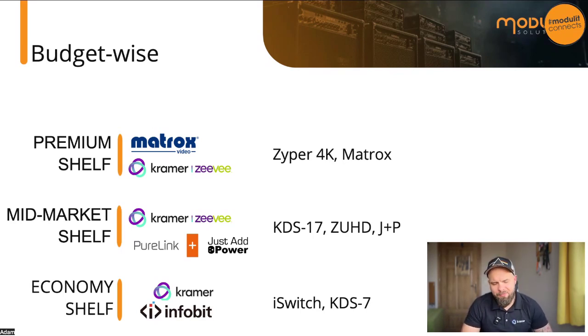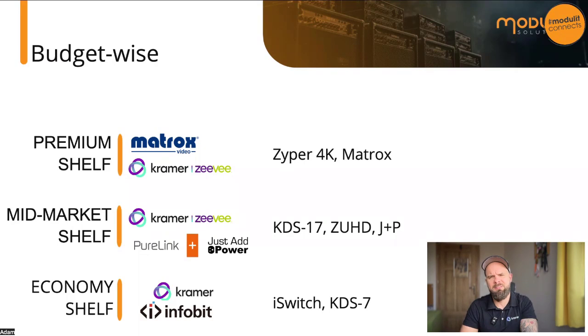If you still have some budget and you want a well-recognizable brand with more functions for the price, go with the KDS17 or just add power. If you actually need top quality and the budget is not the issue, I will recommend ZeeVee Zyper 4K or Matrox solutions.